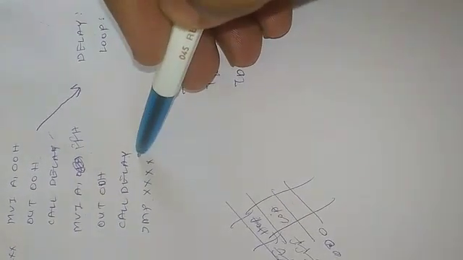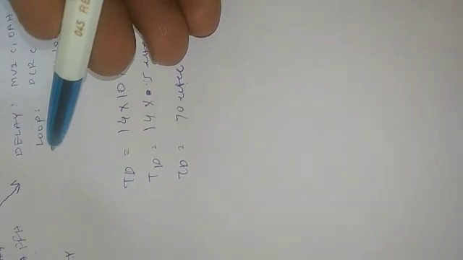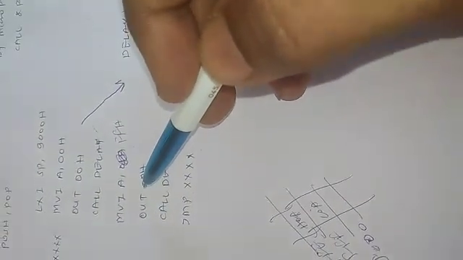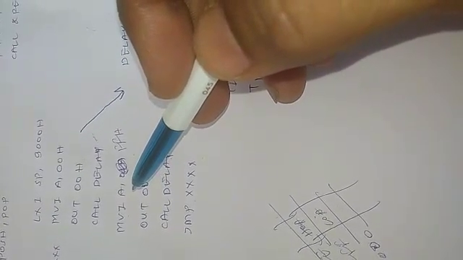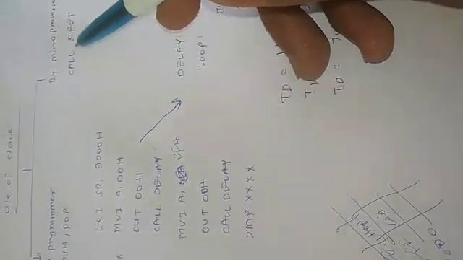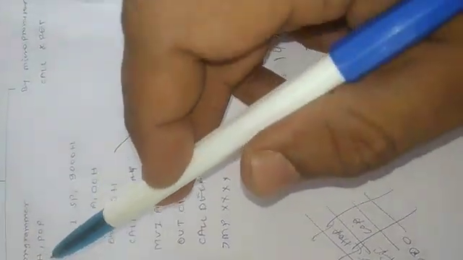The delay subroutine is separately written from the main program and called in the main program with the help of this CALL instruction. We are returning back from the delay subroutine to the main program with the help of this return instruction, and this program will be repeated. In this way, delay subroutines are implemented with the help of CALL and RET instructions, which are similar to PUSH and POP instructions.